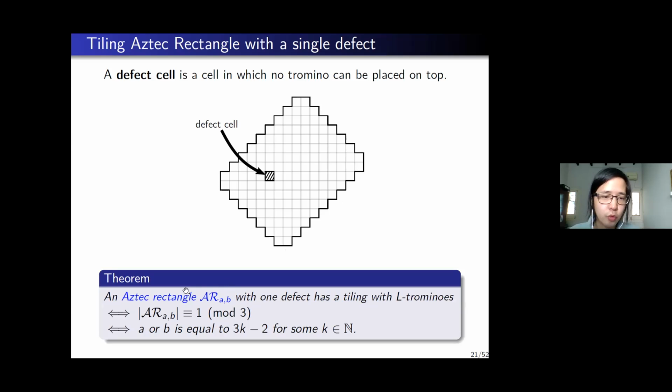Therefore, we want the order of the AZTEC rectangle to be 3k minus 2 to have a multiple of 3 number of cells.